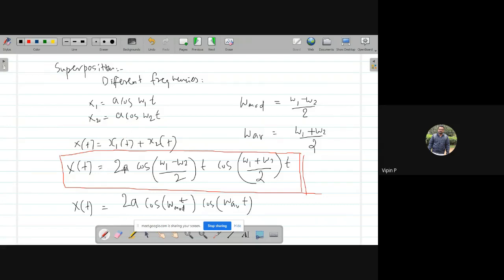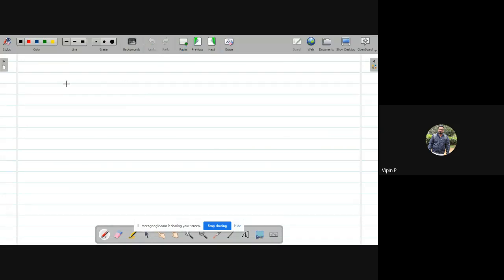I'll take a new page. So I have x of t written as 2a cos omega d into t, cos omega average into t. Now this term that we have is the new amplitude, or we call it the modulated amplitude.